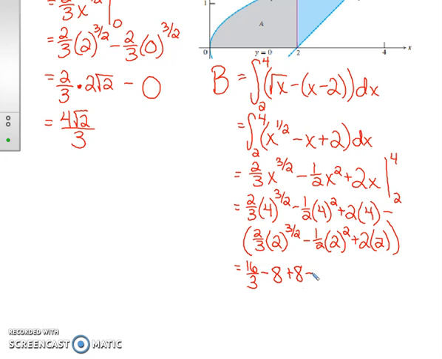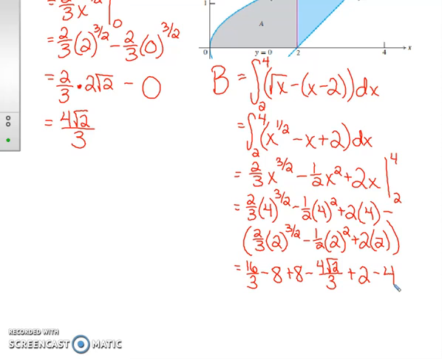Now I already know what 2/3 times 2 to the 3/2 is because I had to find it for region A. It is 4 square roots of 2 over 3. The next piece would be 2 squared is 4 times 1/2 is 2. Notice that it's negative, but we're subtracting that whole piece, so that becomes a plus 2. And the next piece would be a plus 4, but since we're subtracting all of that, it would be a minus 4.